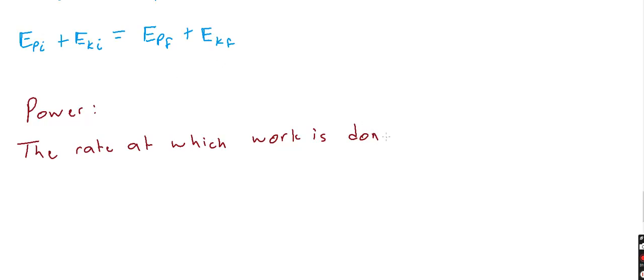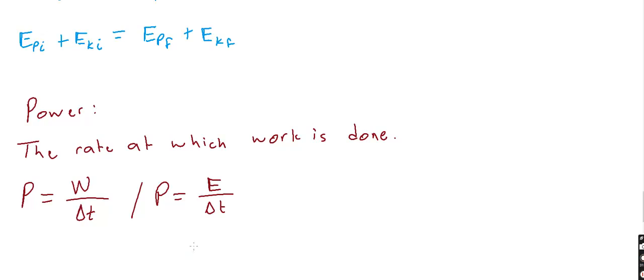Sometimes you can say it's the rate at which energy is dissipated. So power as a rate at which work is done is going to be basically the net work, or the work for that particular force we are interested in, over delta T, or it will be the energy dissipated over delta T.